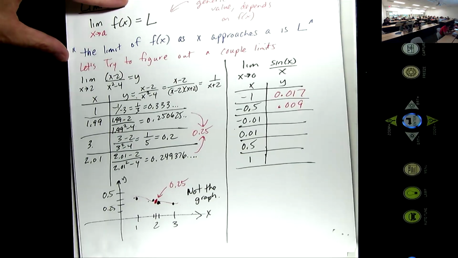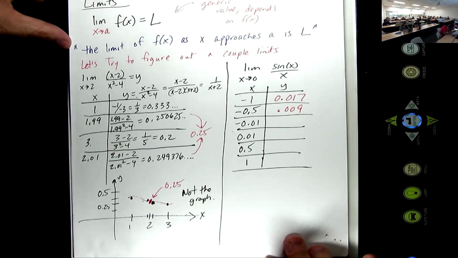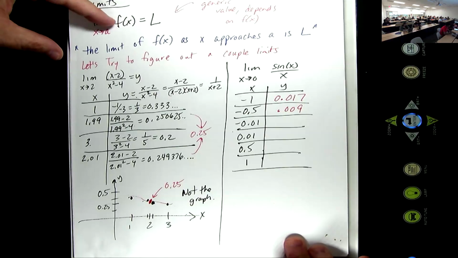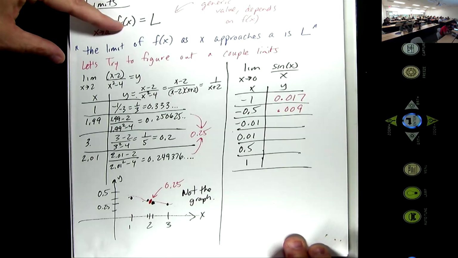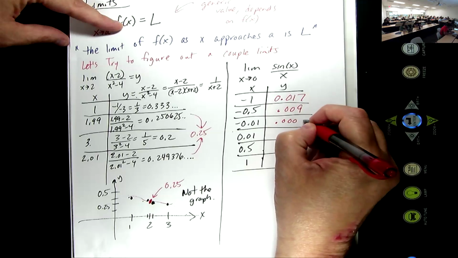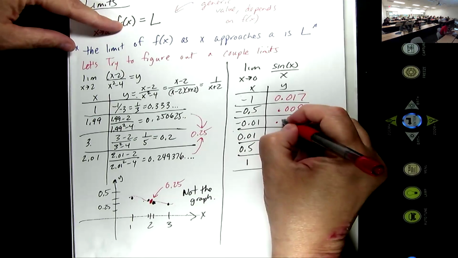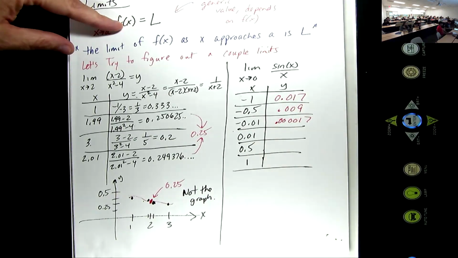Okay. What about negative 0.01? I got 0.000017. It has 4 zeros. Yeah, okay. So maybe telling you to round to 3 wasn't the right idea.